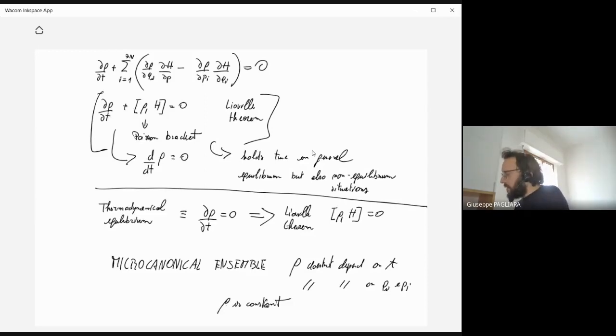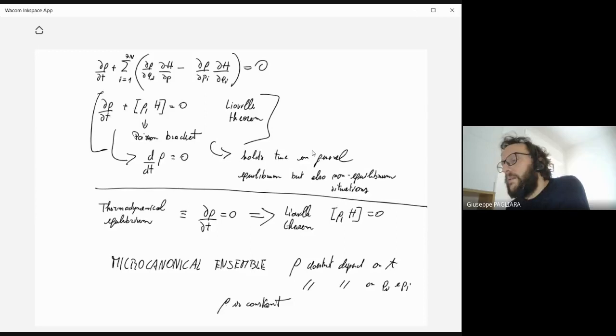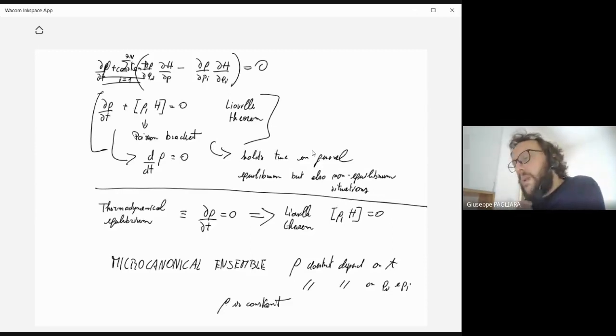So the easiest ensemble is the one in which, let's say, the trivial solution to the Liouville equation under the hypothesis of stationarity of rho is that rho is just a constant, so it does not depend on q_i and p_i. Okay, so rho constant. And again, this corresponds to the case we were talking about at the beginning.